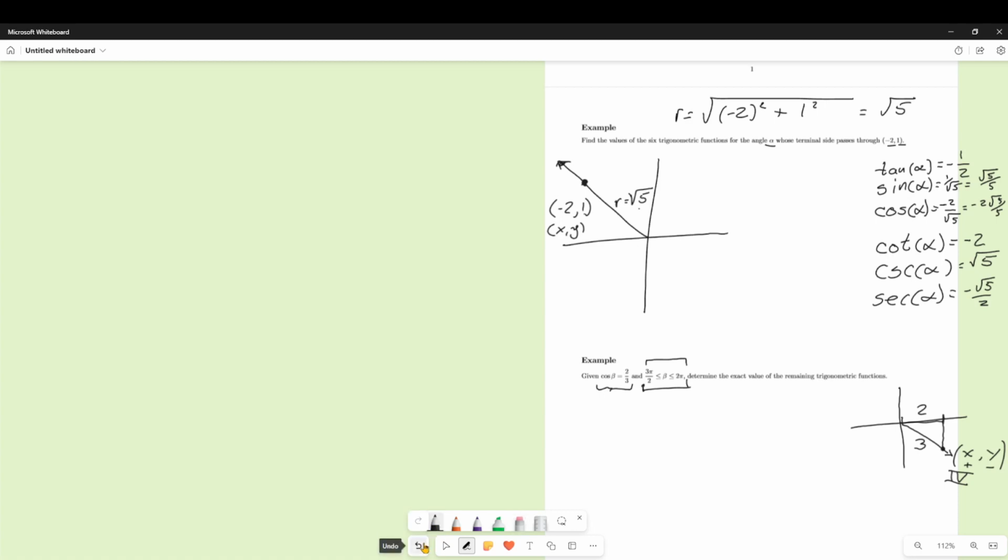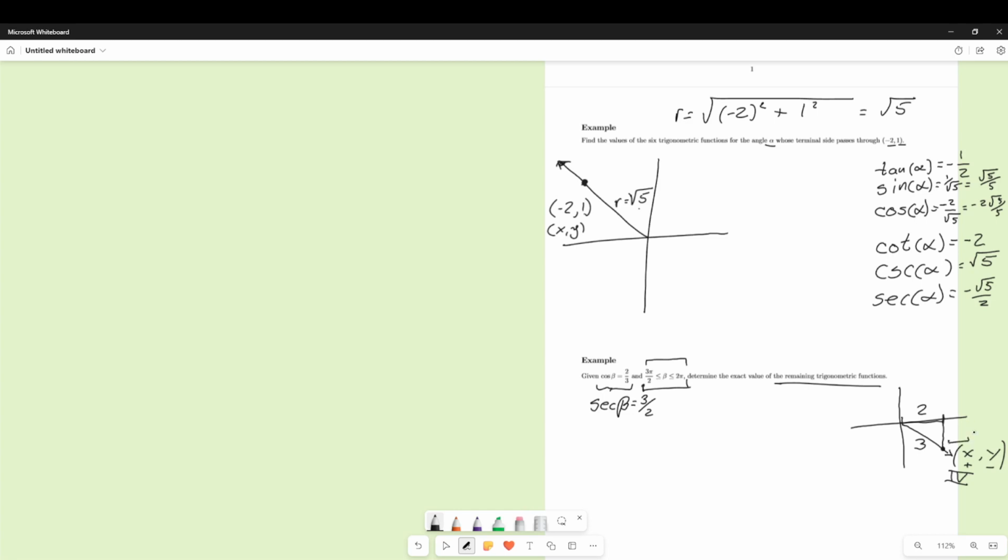So if we want to find the exact values of our remaining trig functions, well, we could certainly do secant without any additional effort. It's just the reciprocal of cosine. But to find either sine, tangent, or their reciprocals, we need to know this other side length.